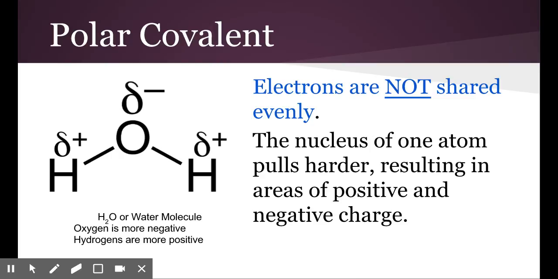So your electrons are going to spend more time around the oxygen, making the oxygen act negative. Since they're spending less time around hydrogen, hydrogen's going to act positive. Notice that it is a partial, so that nice figure 8-looking symbol, that means partial charge, because oxygen's not stealing the electron, it's just spending more time with it. So it's still covalent, still sharing.